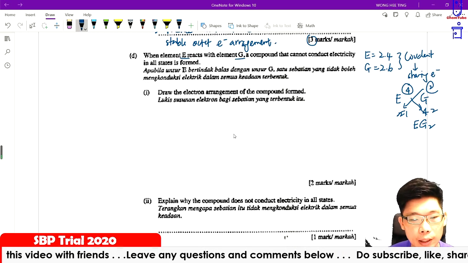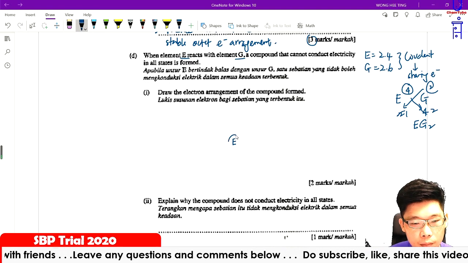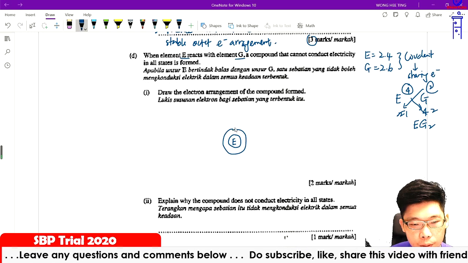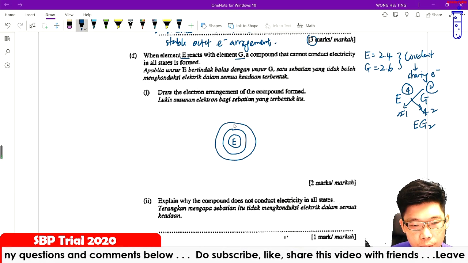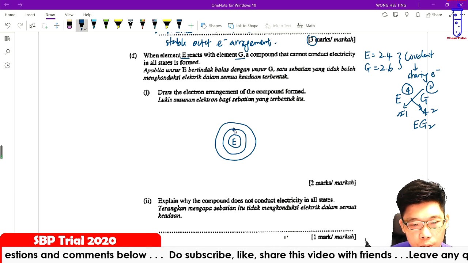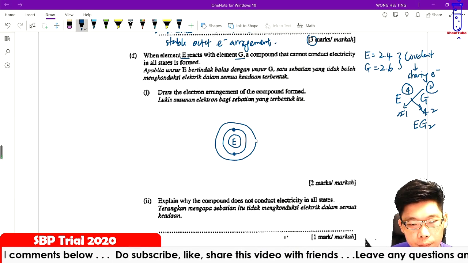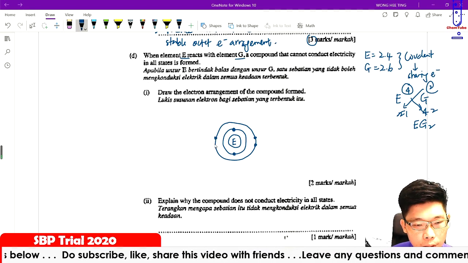So first we draw the E. 2 shells, 2, 4. 1, 2, 3, 4.